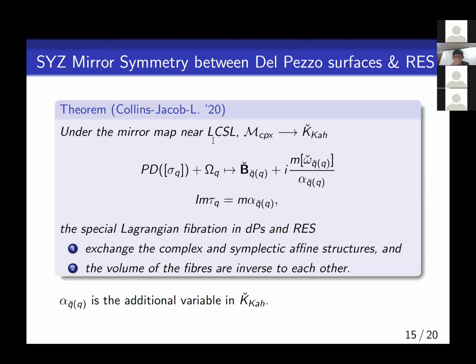Under this mirror map, the special Lagrangian fibrations constructed in the previous theorems are indeed dual to each other, in the sense that the complex and symplectic structures exchange, and the volumes of fibers are inverse to each other.